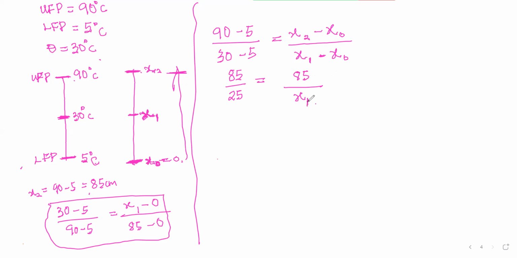So if x0 is 0, find x1. x1 therefore would be equal to 85 on 85 times 25, which is 25 centimeter, meaning that this temperature of 30 degrees will be equal to 25 centimeter of mercury above the lower fixed point.